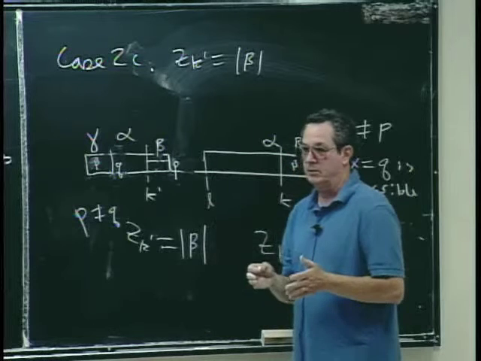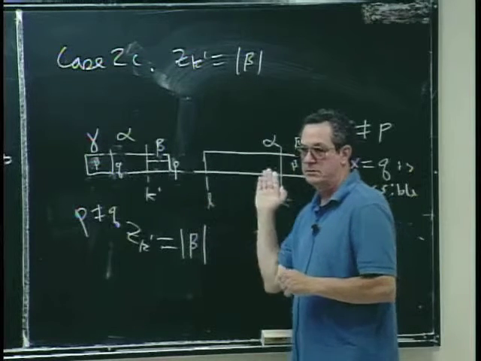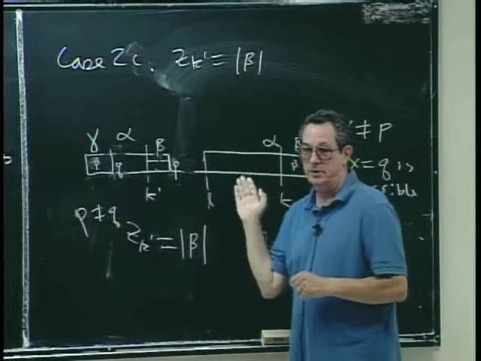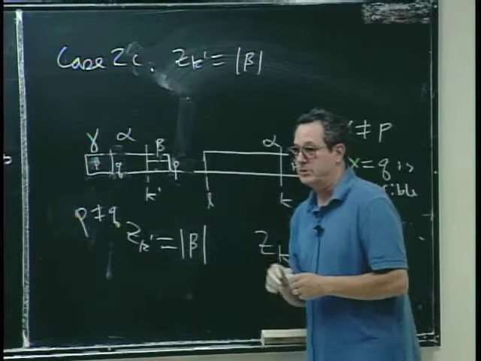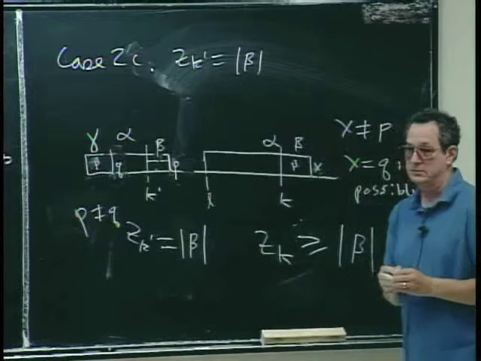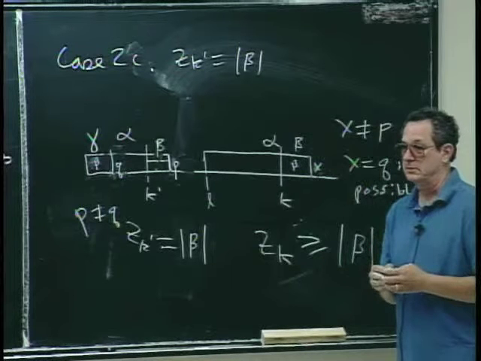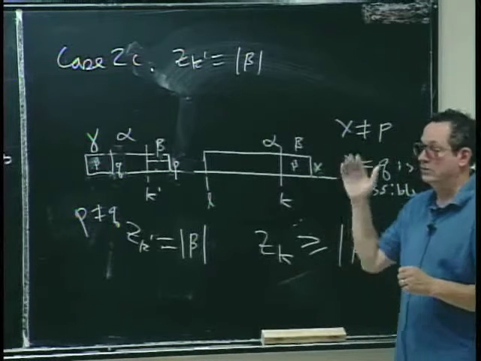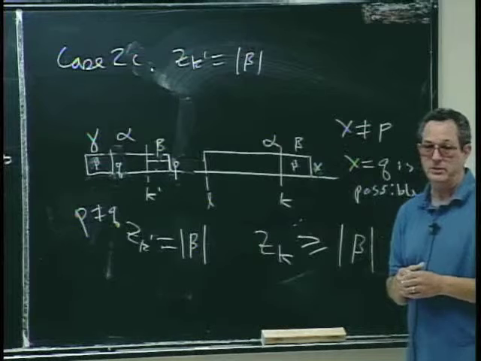But we just don't know. And there's no deduction here that can resolve that. So what should the algorithm do at that point? Well, so far in case 2, the algorithm hasn't done any character comparisons.